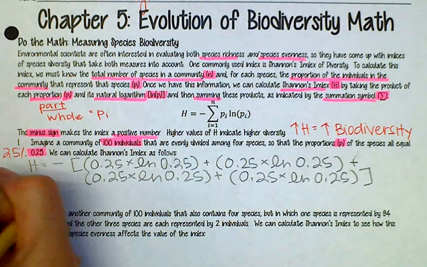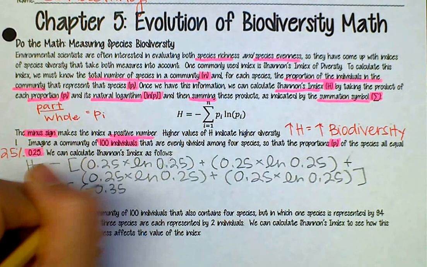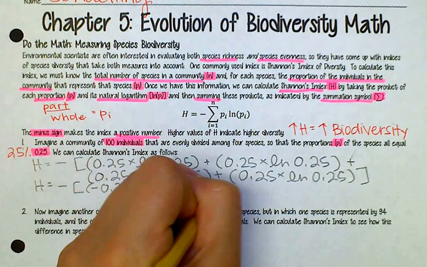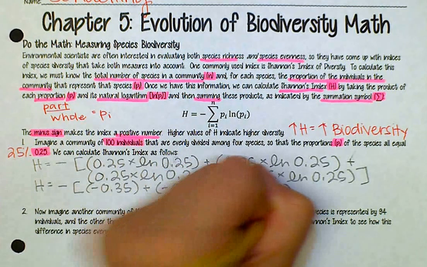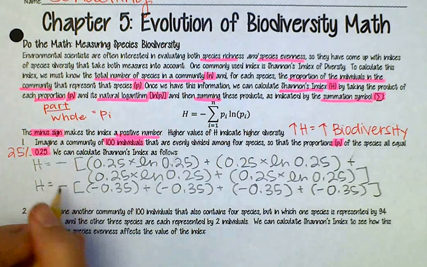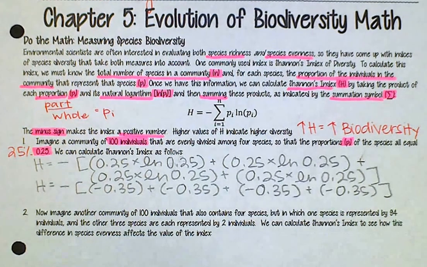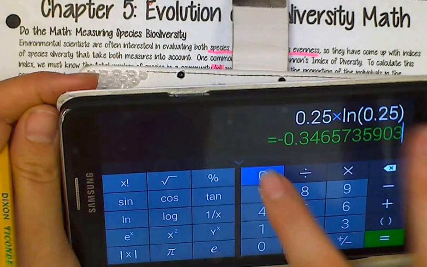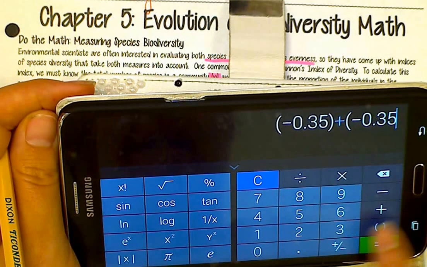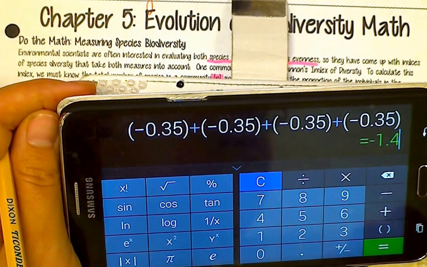So I'm going to take the negative bracket, so I have negative 0.35 plus negative 0.35 plus negative 0.35 plus negative 0.35. And I still have my overall brackets because I'm going to have to take the negative at the end. Okay? So if I add negative 0.35 plus negative 0.35 plus negative 0.35 plus negative 0.35, that's going to give me negative 1.4.